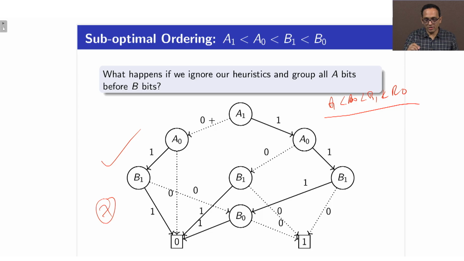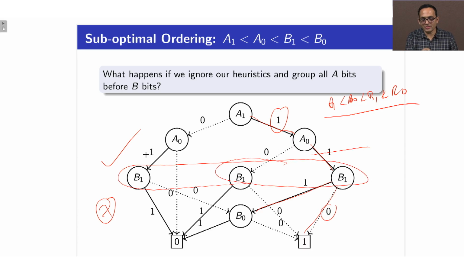Here, if you take A1 and A0, I cannot conclude anything unless I see B1. Only when I see B1, if B1 is 0, I am already done, because this is A1 equal to 1, B1 equal to 0, this is 1. All these nodes are coming because no decision can be made till level 1, since A0, A1 cannot decide about this. So, it is a bad order.